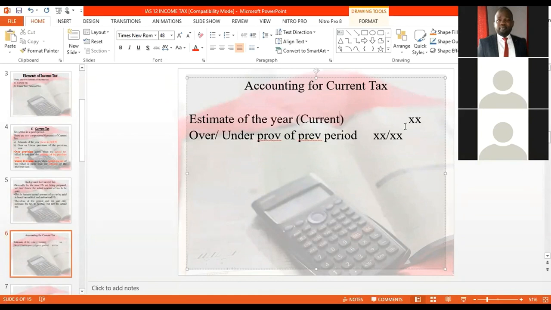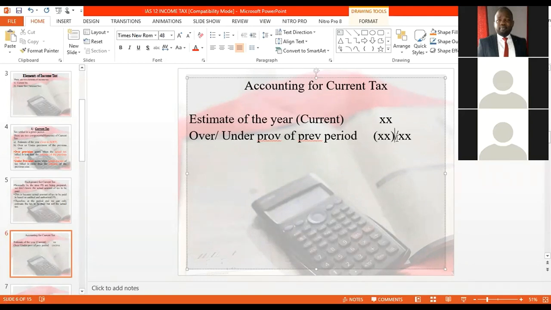So estimate of the current year. Now, if you find that we overprovided the tax of the last year, you less it. Please take note of that. If last year we overprovided, you correct that overprovision. For example, if tax for this year is 1 million, last year we find that we had overprovided for tax.